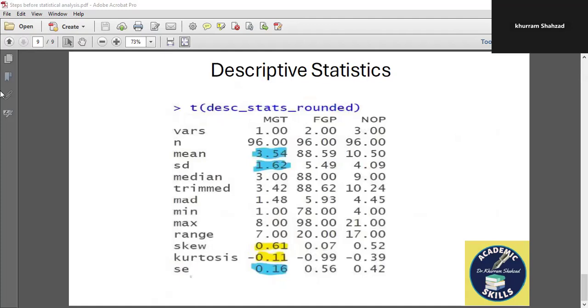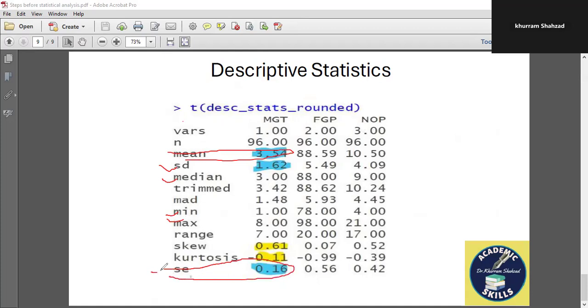Descriptive statistics are also very helpful to examine your data. You can see the mean value, standard deviation, median, minimum value, maximum value, and also the standard error.